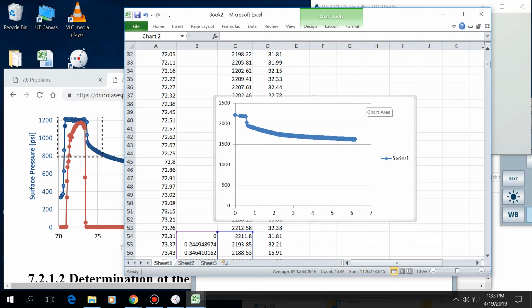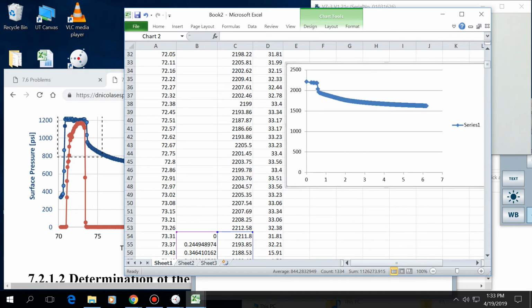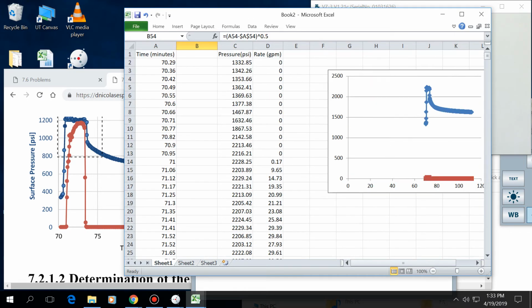And you should get something like that. Professor, what was your equation? Did you just set 0 for that 73? Yeah, I made this my new zero. So now this is going to be time, we call this shut-in square root.